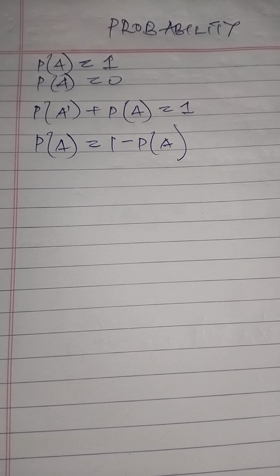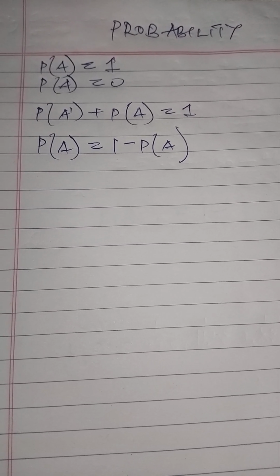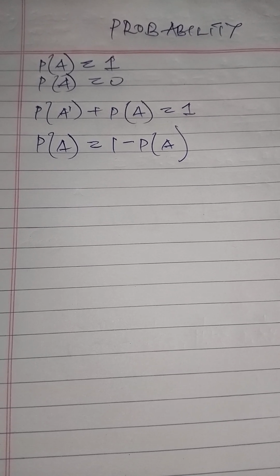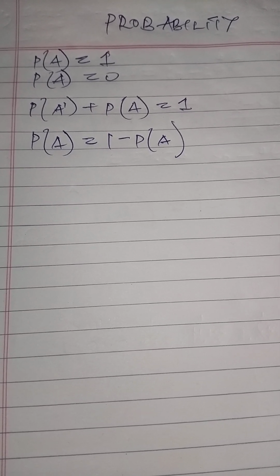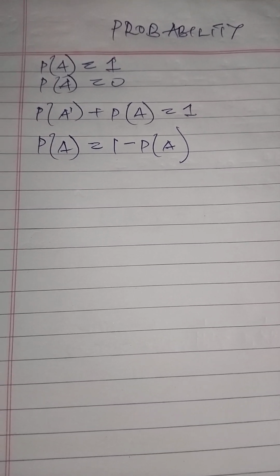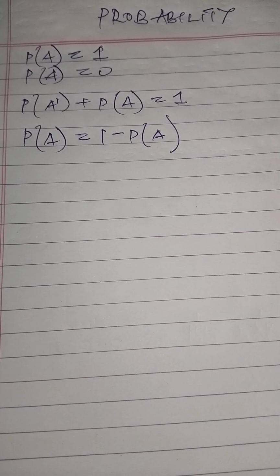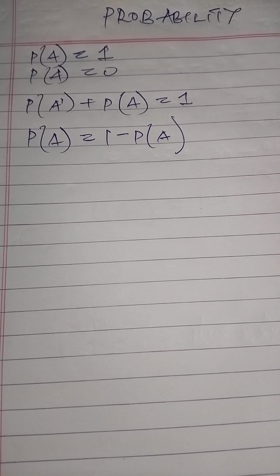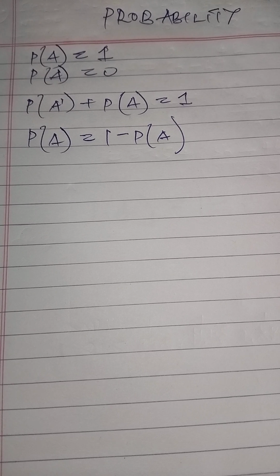Usually the range is between 0 and 1, so most times the probability of an event or something to happen is usually a fraction.